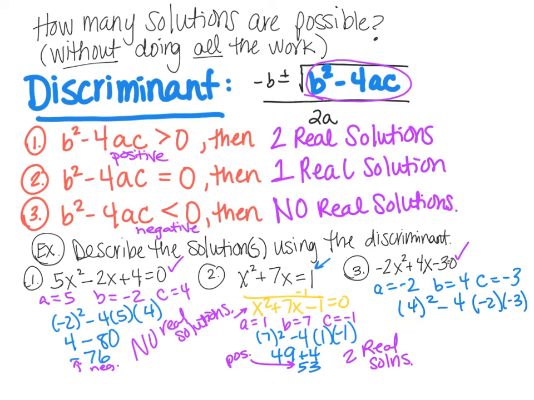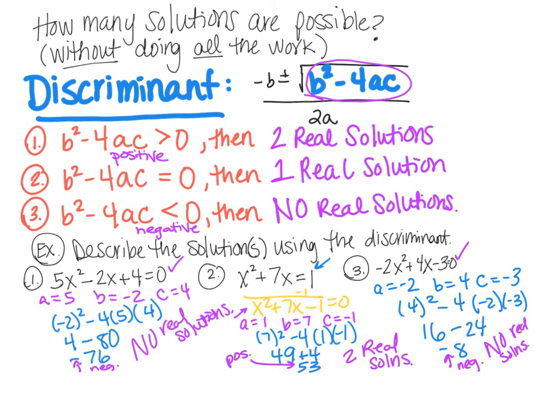So 4 squared is going to give me 16. -4 times -2 is +8. +8 times -3 is -24. So here I'm going to get -8, which means since I have a negative, I would get no real solutions.